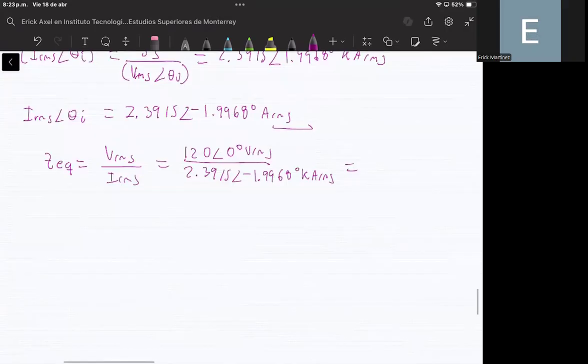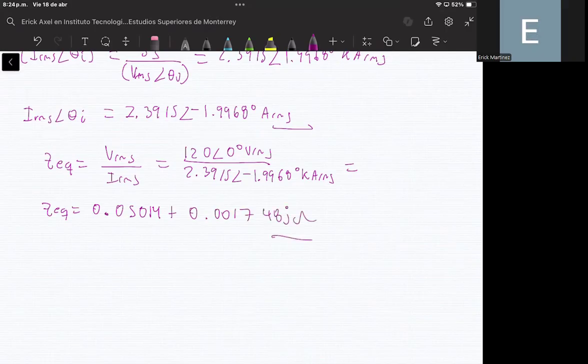So the equivalent impedance of the circuit is 0.05414 plus j0.001748 ohms.